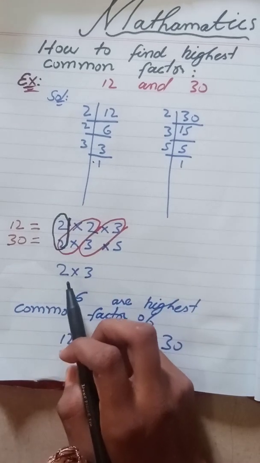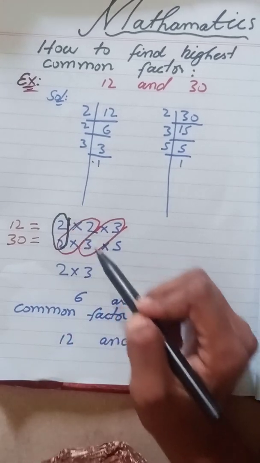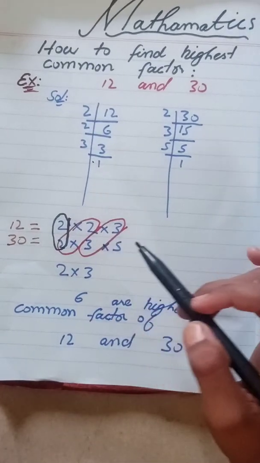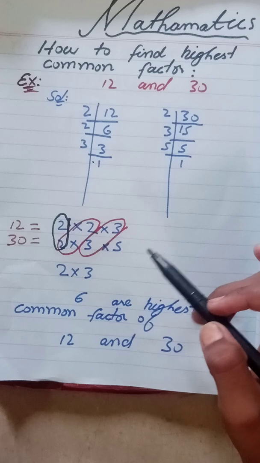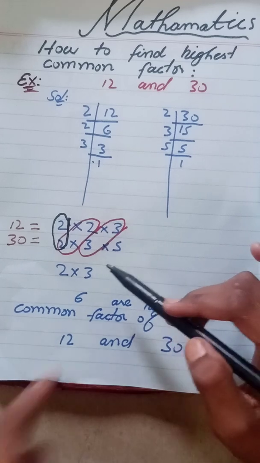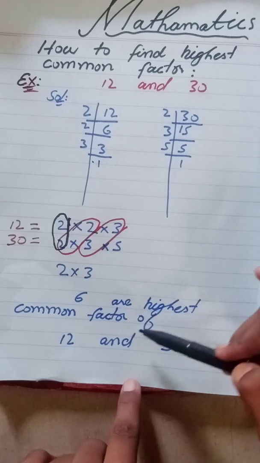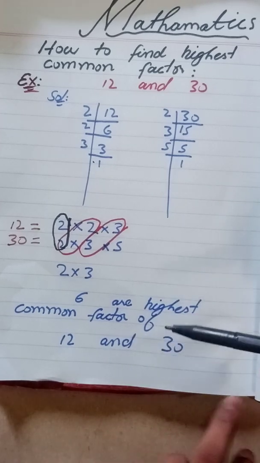Now my answer: the highest common factors that I have chosen are multiplied. When these are multiplied, the answer is 6. 6 is the highest common factor of 12 and 30.